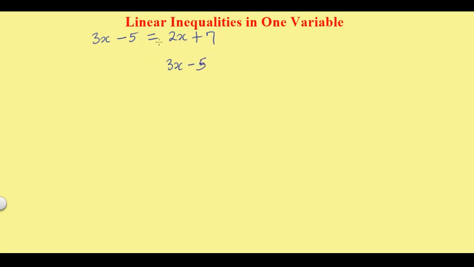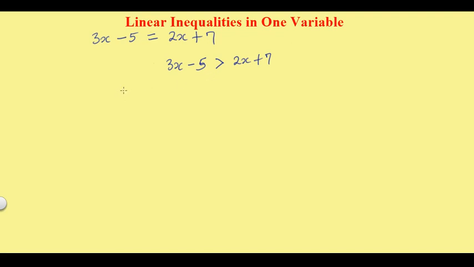Rather than having an equal sign as in a linear equation, we now have an inequality sign, such as greater than 2x plus 7. It can be less than, it can be greater than or equal to, it can be less than or equal to. But linear inequalities involve comparing two algebraic expressions using an inequality sign.